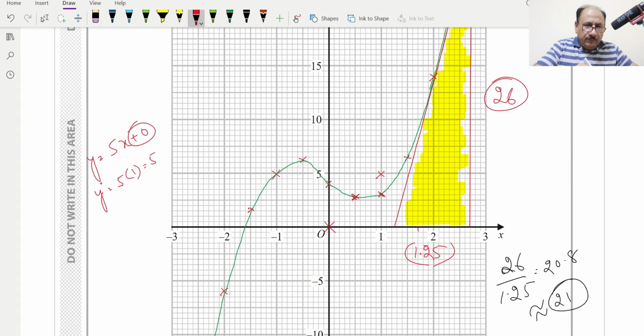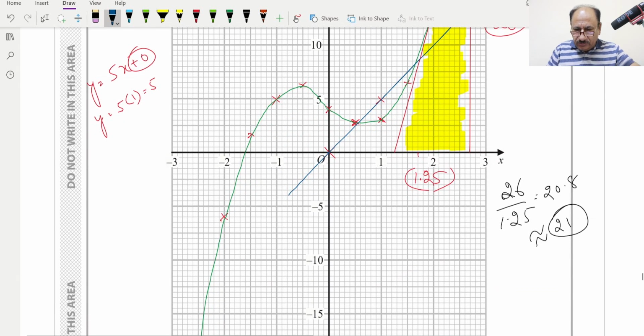Now we can draw the gradient, basically the straight line. This will be intersecting the curve also, and further we can extend it to the lower side as well.